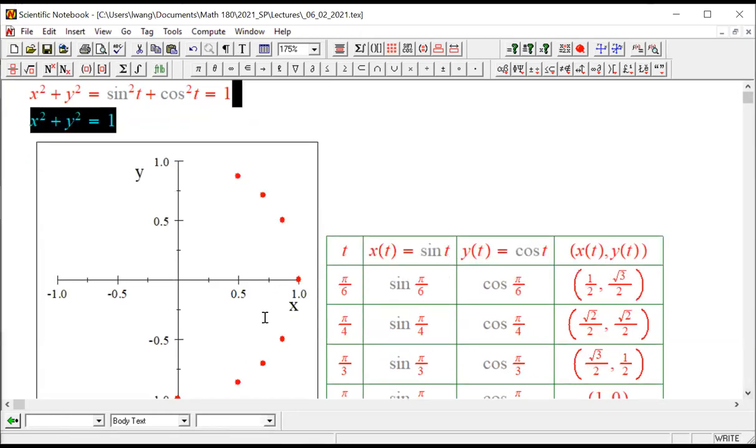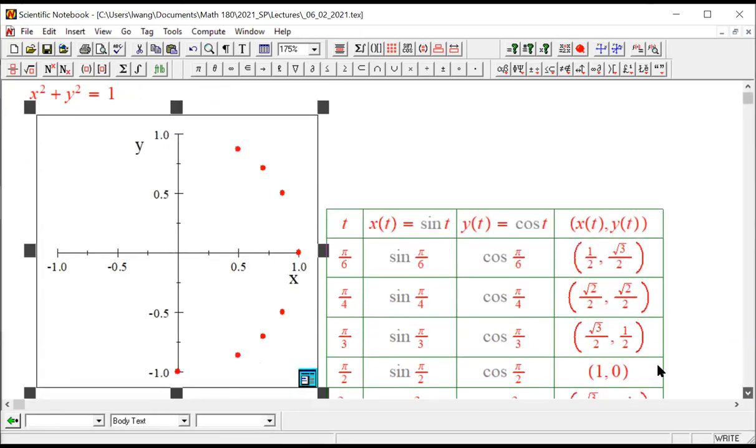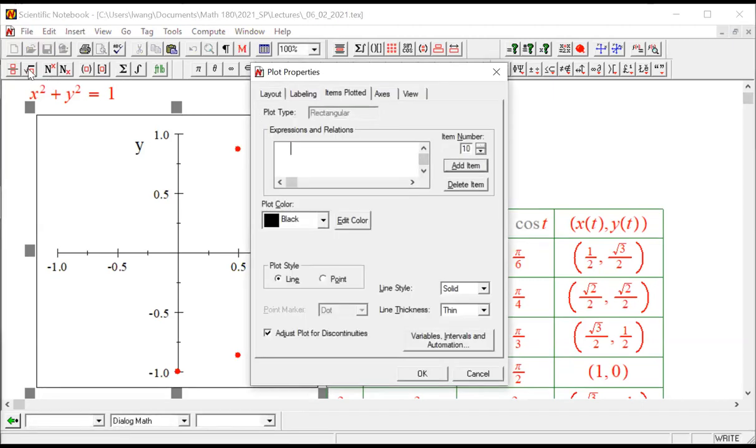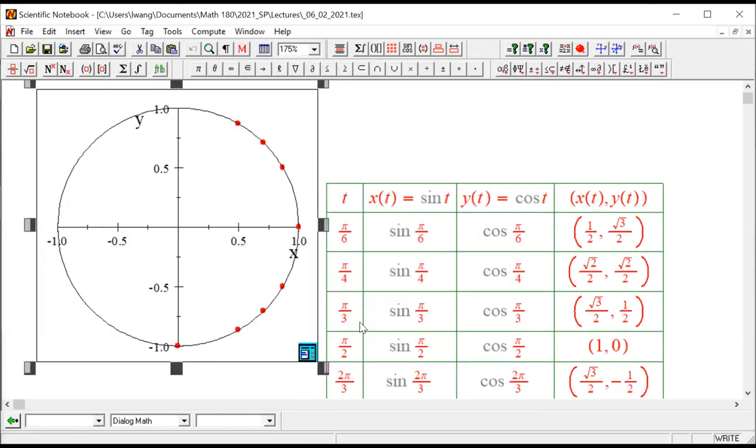Right? So let's draw the unit circle on the graph. So that's a unit circle.